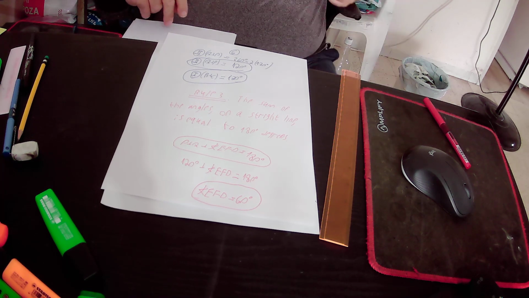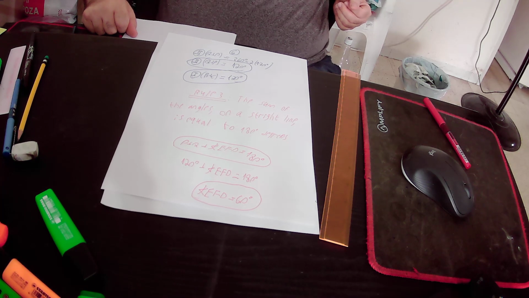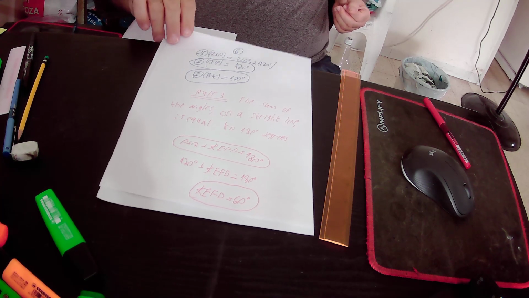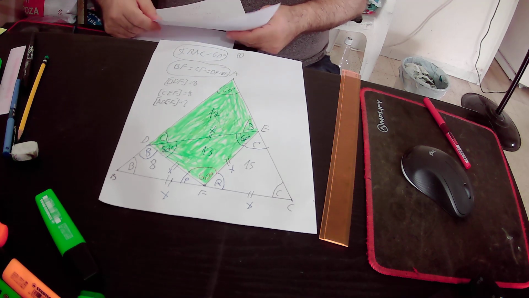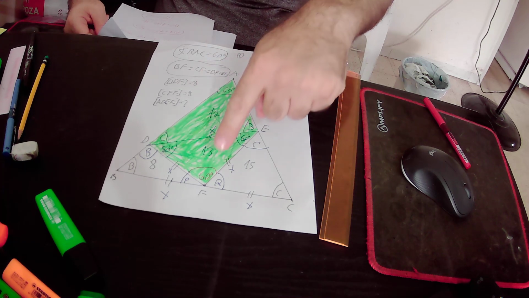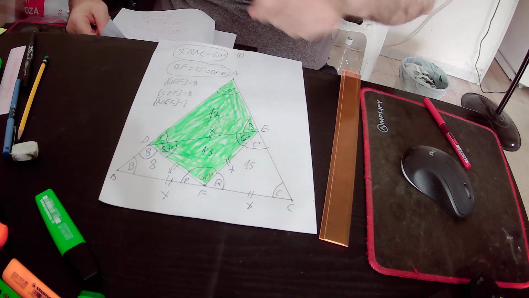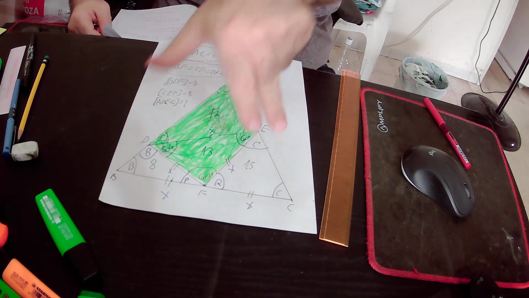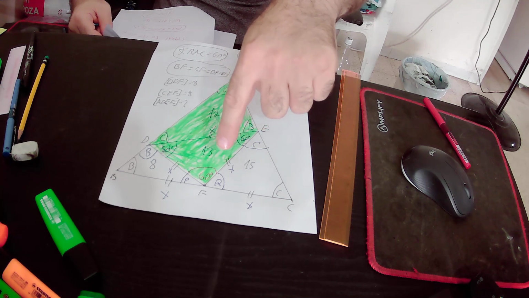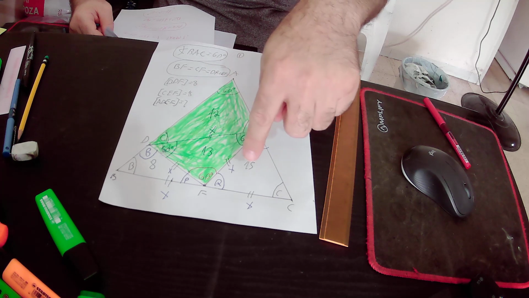Okay, then we have rule number 3 that states that the sum of the angles on a straight line is equal to 180 degrees. Here BC is a straight line, so at point F the sum of the angles on the straight line BC is equal to 180 degrees.